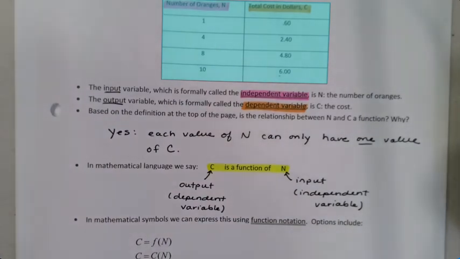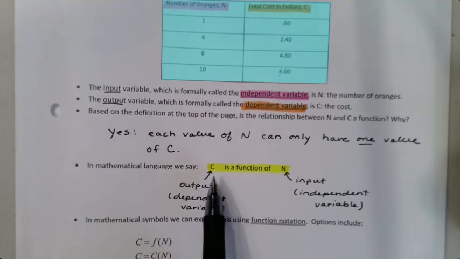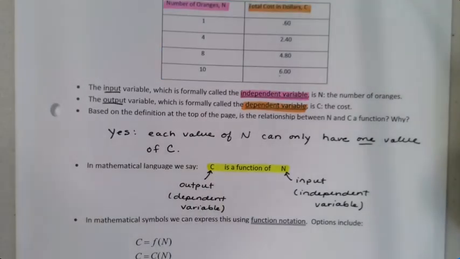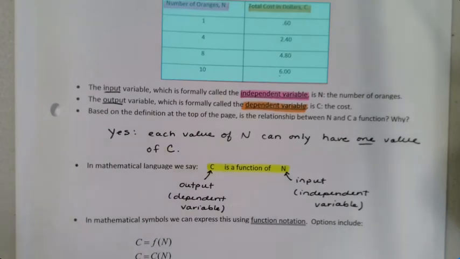So even if I hadn't seen this table of values up here, if somebody said C is a function of N, just that simple statement tells me which variable is the output and which variable is the input.